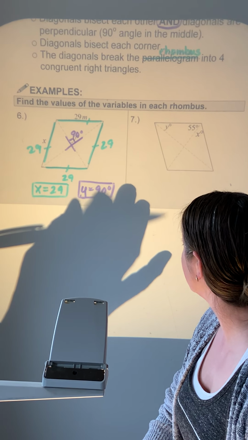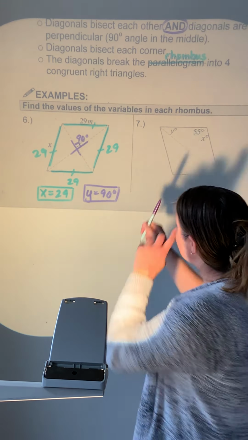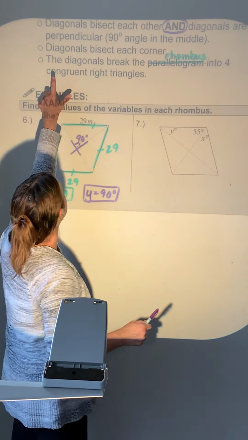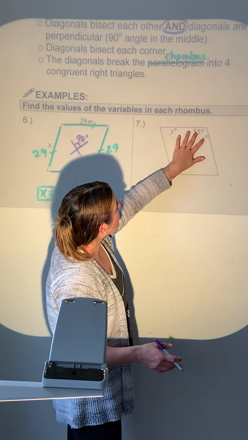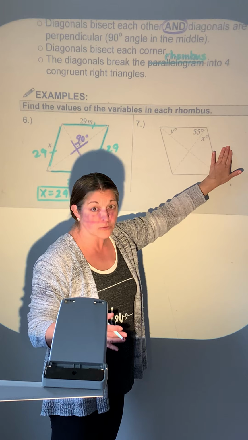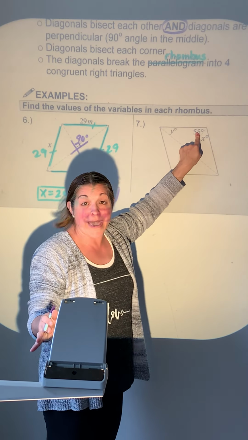And moving on to number 7, talking a little bit more about those angles. Okay, we had said right here, the second to last key was that the diagonals bisect each corner. So what that means is if you look at a corner in a rhombus and you're given one side, there's no math to be done.